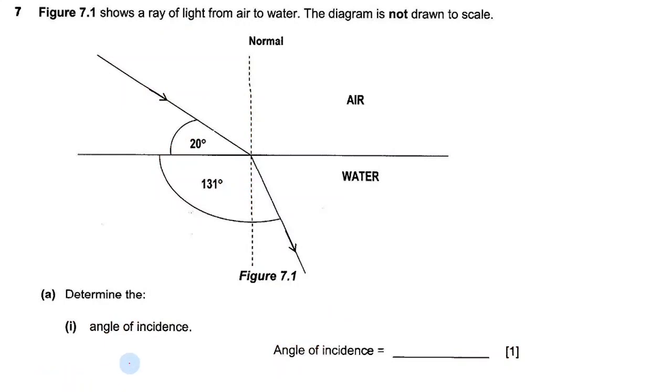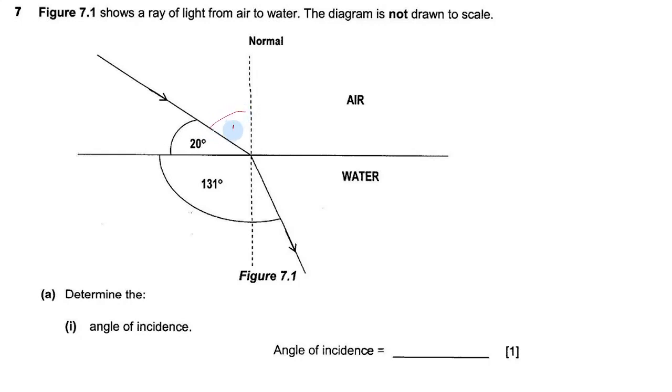Then we move. This one says our figure 7.1 shows a ray of light from air to water. The diagram is not drawn to scale. Then they are saying, determine the angle of incidence. Okay, so the angle of incidence is this one here.